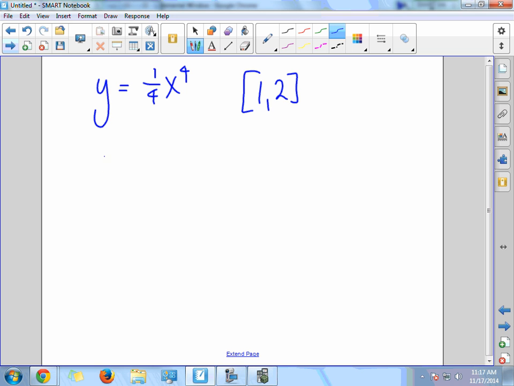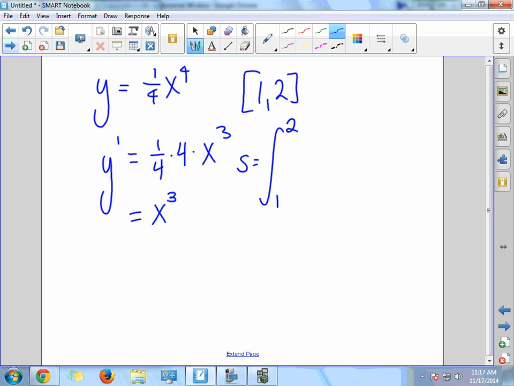So the first thing I would do is differentiate. This becomes 1/4 times 4 times x cubed, which just becomes x cubed. Now I'm going to plug it into my formula. So S is equal to the integral from 1 to 2 of the square root of 1 minus x cubed, all squared, dx.